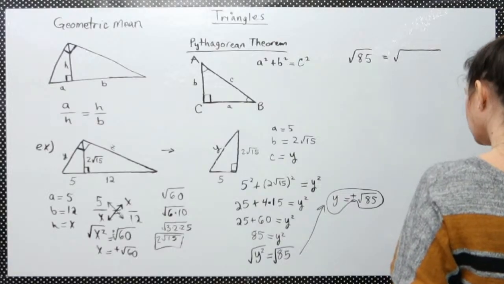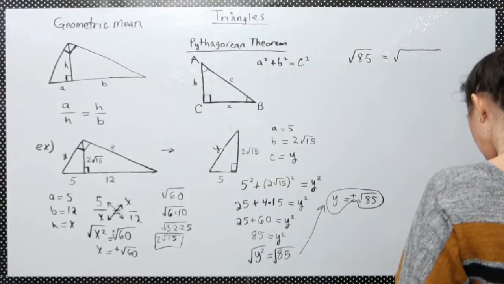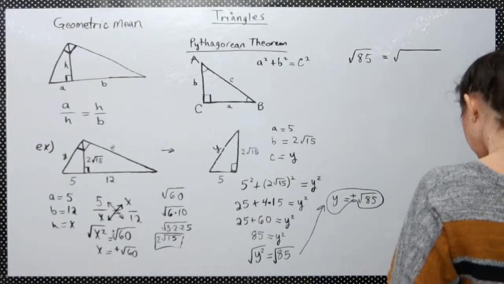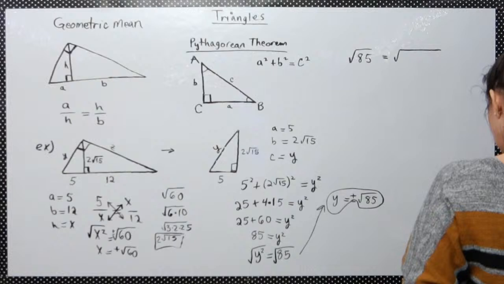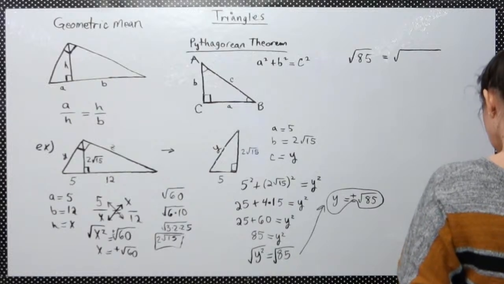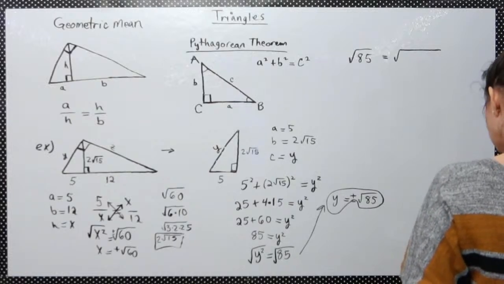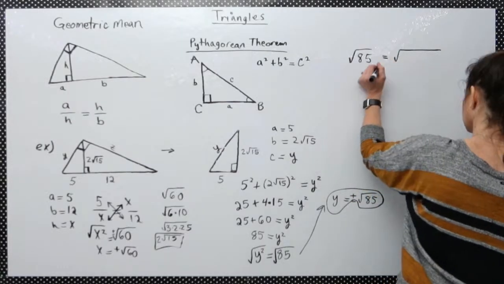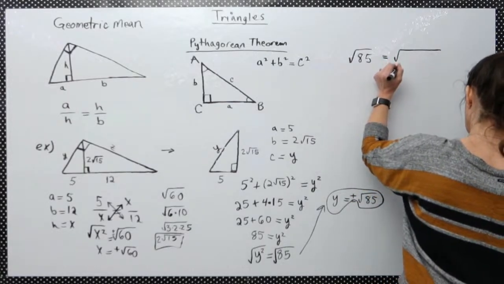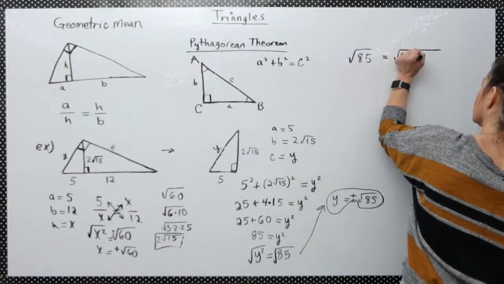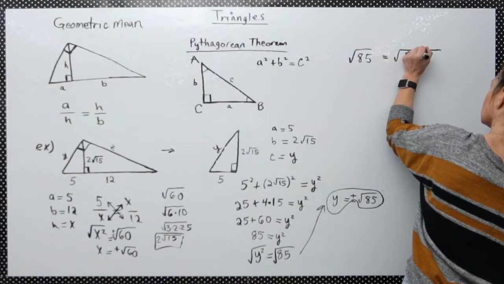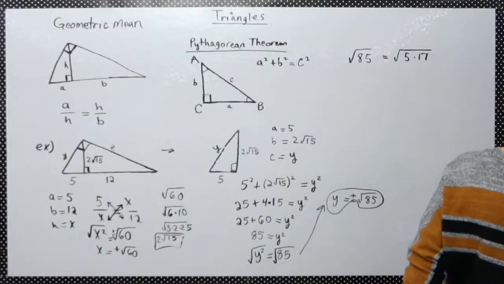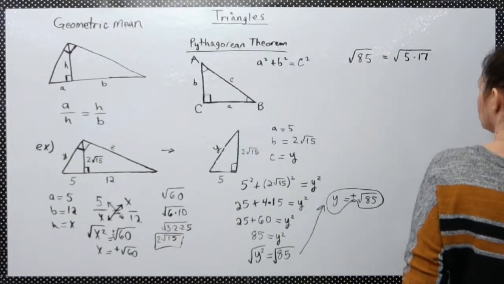I know that 5 divides 85 evenly, and that 17. I think that it cannot be simplified. So it's just radical 85, because 85 is 5 times 17, and they're both prime numbers.